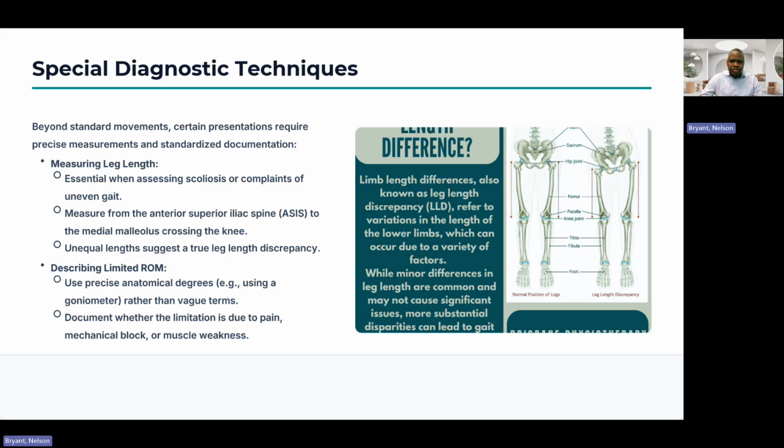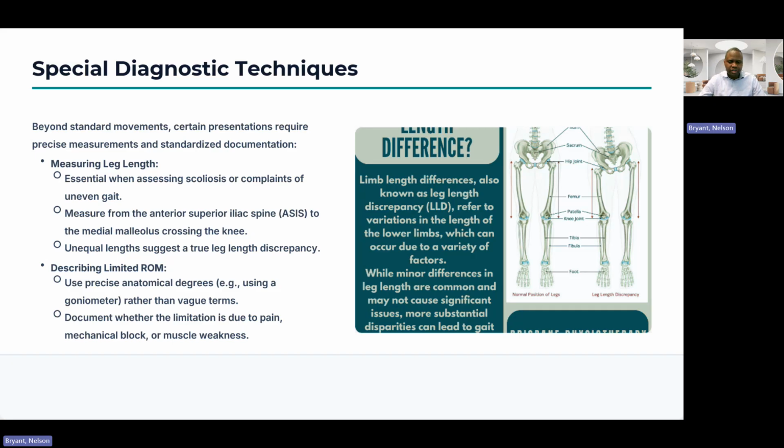Additional techniques you may use may depend on the patient presentation. For example, measuring the leg length can also help diagnose pelvic tilts or structural discrepancies, while properly describing limited range of motion ensures clear communication and documentation of the patient's functional limitations.